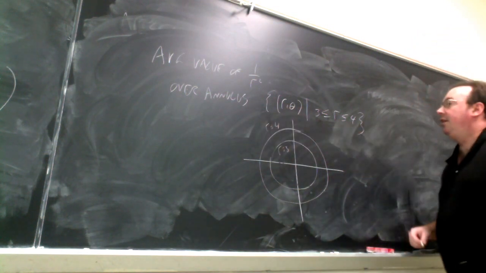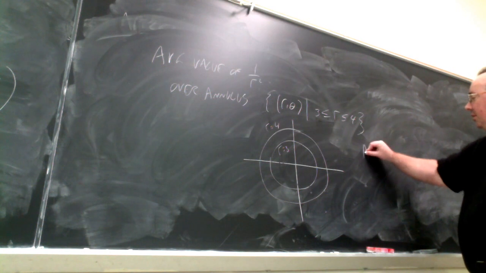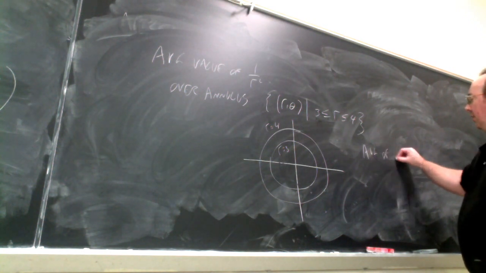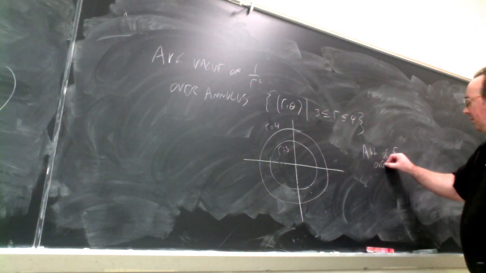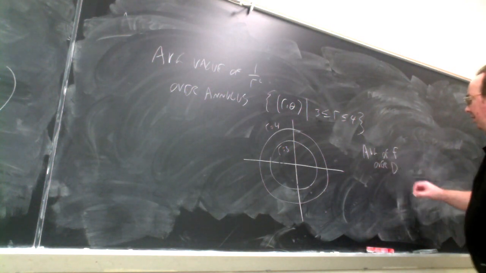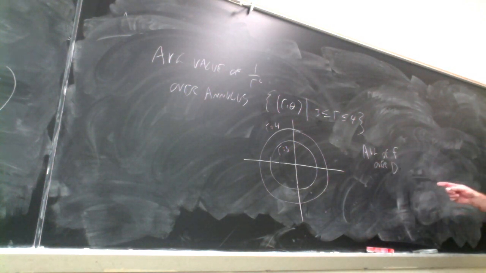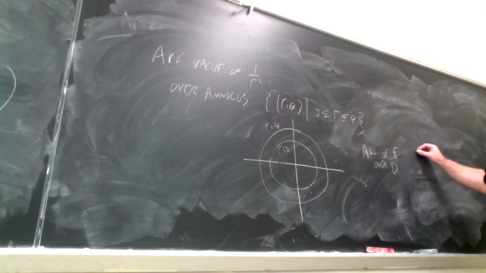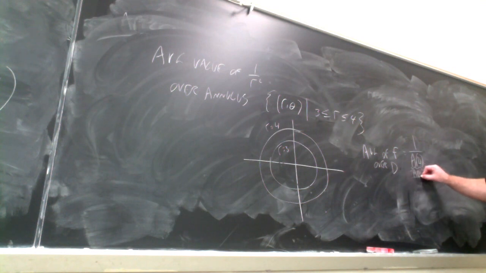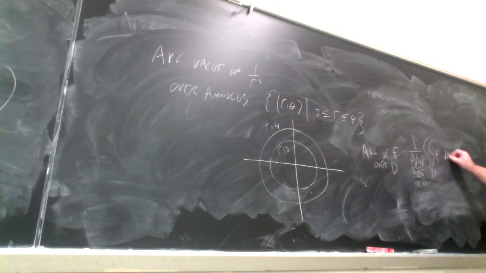In general, the average value of whatever function f over a two-dimensional region D would be equal to 1 over the area of D times the integral over D of your function f.